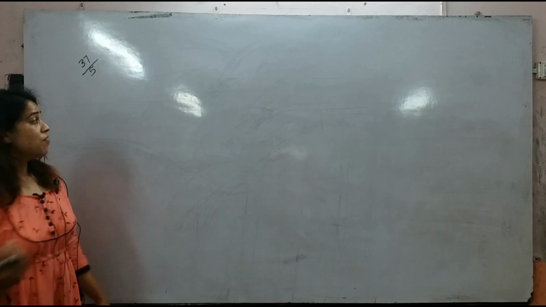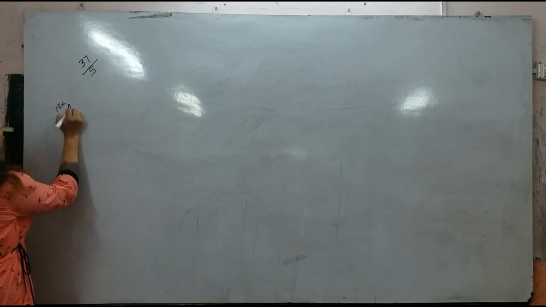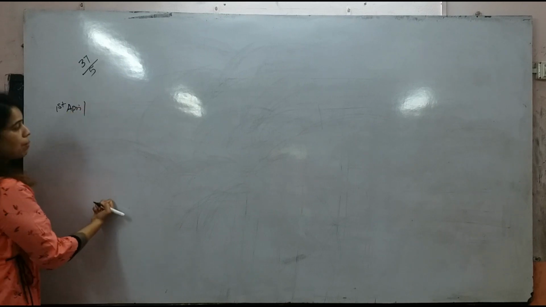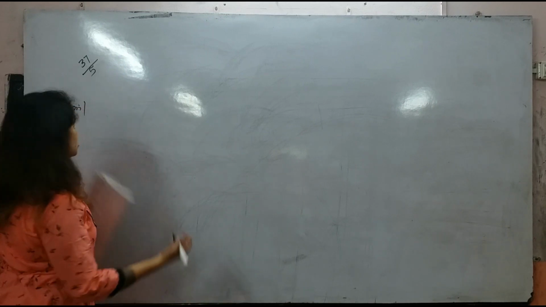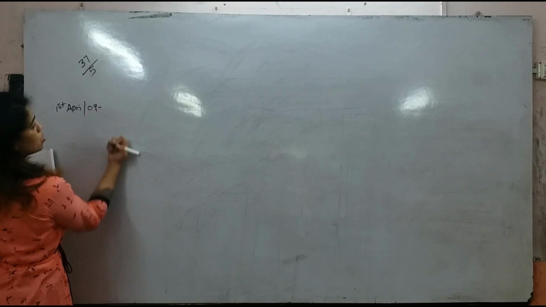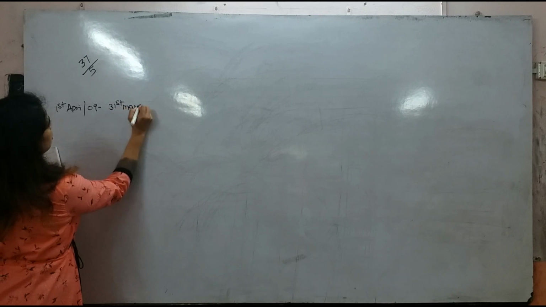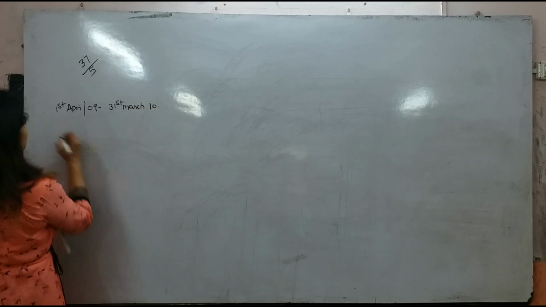Again in this problem, which year are they following? Financial year. And we know that the financial year will start from 1st April and end on 31st March. So 1st April 2009 is going to be our first year, which will end on 31st March 2010.